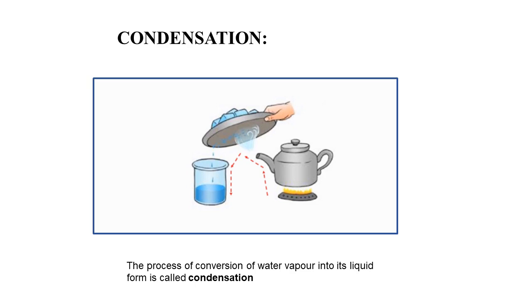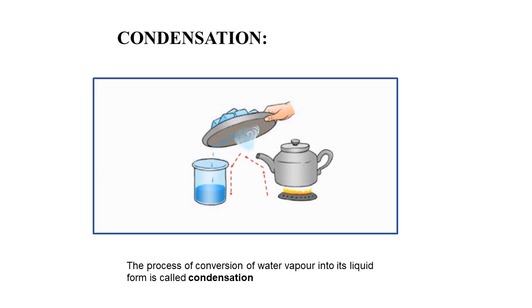When this happens, the steam converts into small drops of water, which we transfer to another container, and thus successfully separate the salt, which gets left behind in the kettle, from the water, which we collect in a separate container. On the left side you can see the separate container.